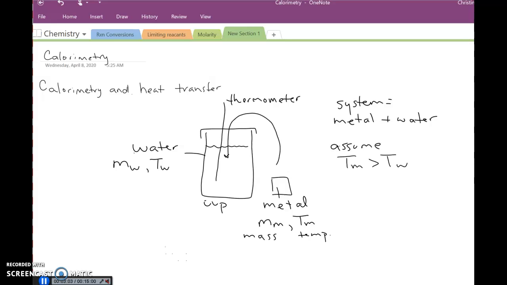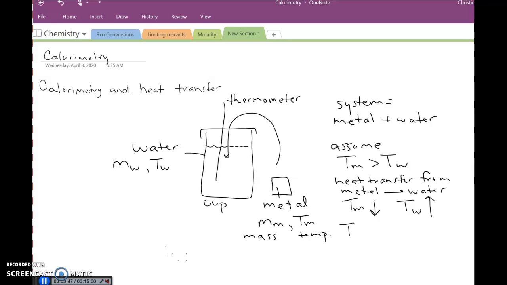So that means that we're going to have a heat transfer from the metal into the water. Now, that means that the temperature of the metal is going to decrease, and the temperature of the water is going to increase, and we're going to end up with a temperature somewhere in the middle.